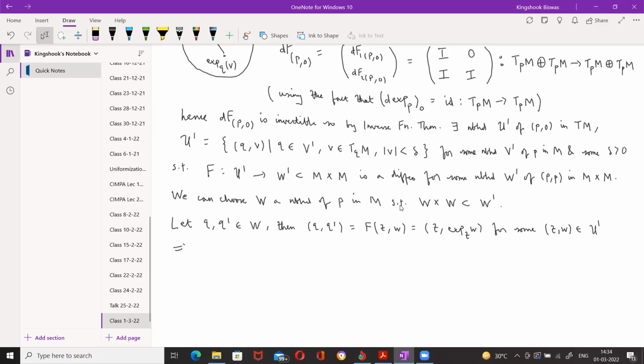But that implies that if you equate the first coordinates, Z is equal to Q and Q prime is equal to x_Q of W, where W belongs to T_Q M and norm W is less than delta.